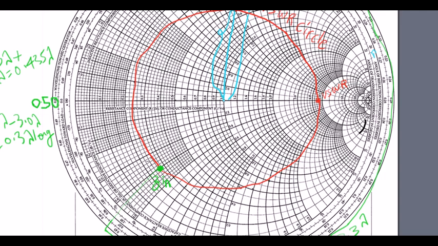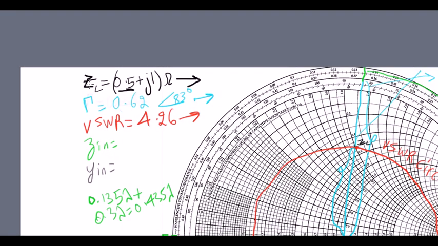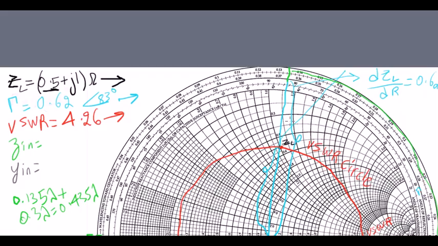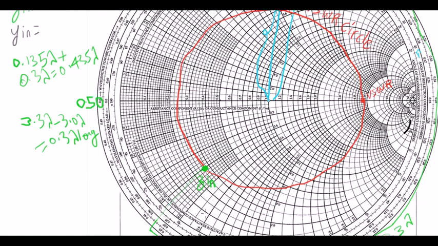And similarly, how we initially started with a value for the load impedance as 0.5 plus j1, we drew it here. Now we have the point, we do it in reverse, we obtain the value.